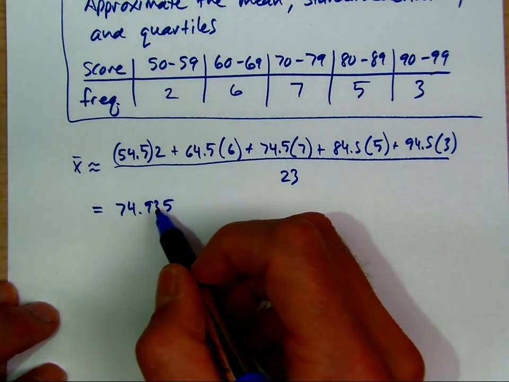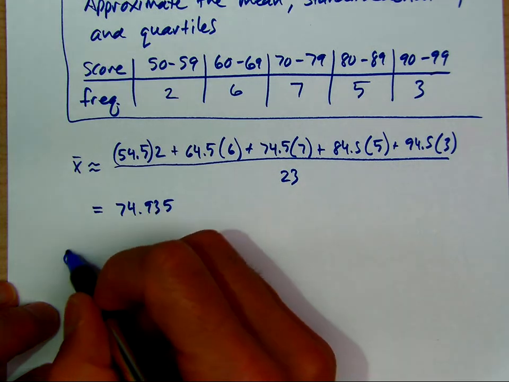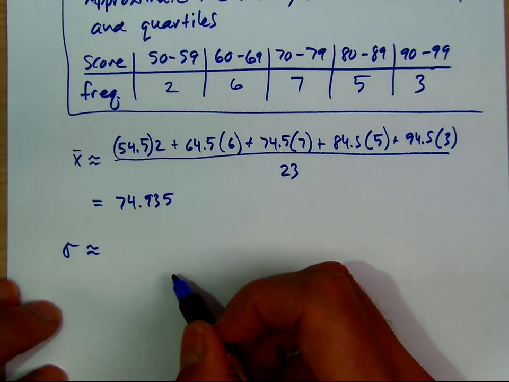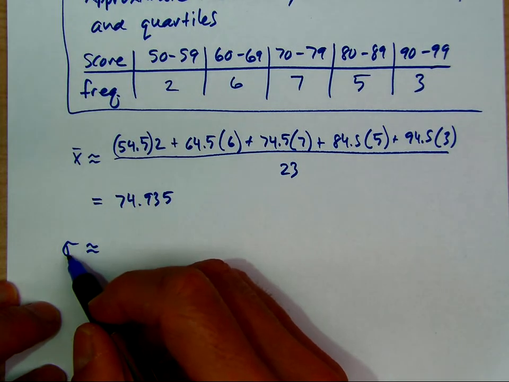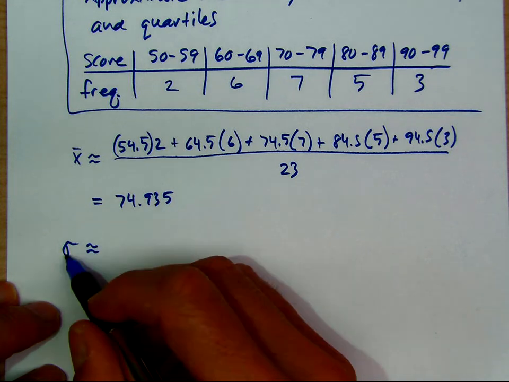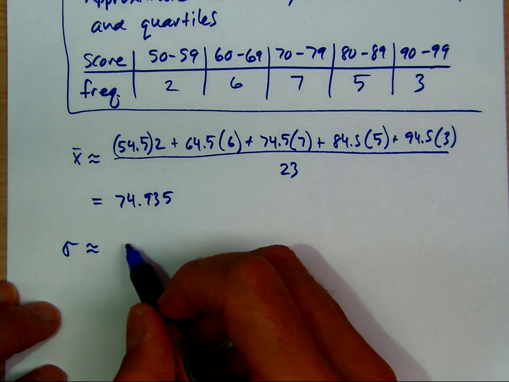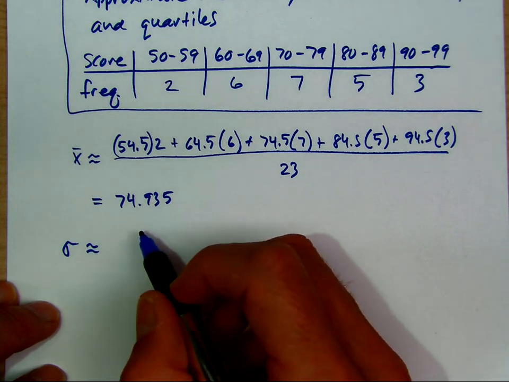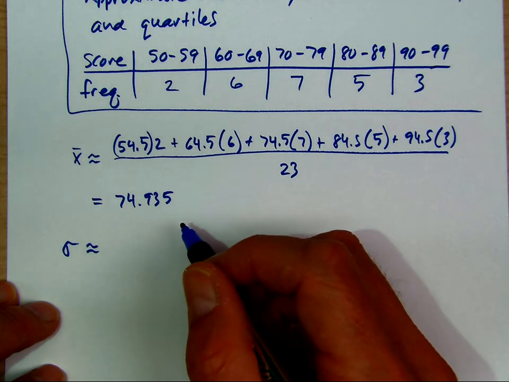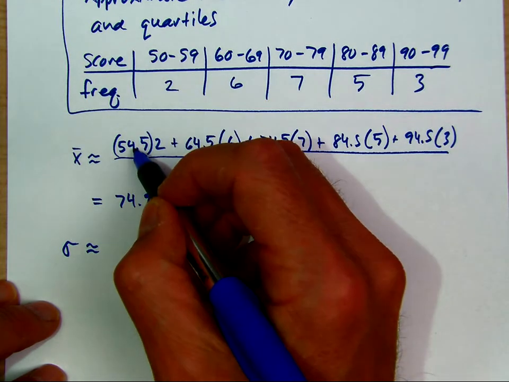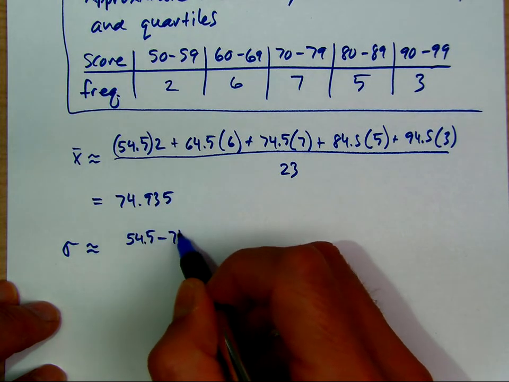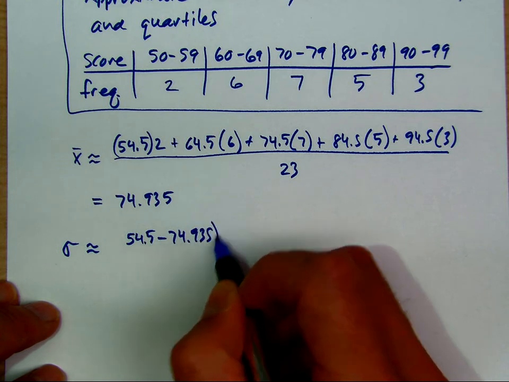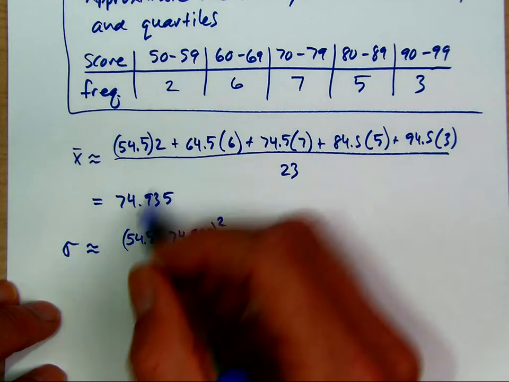Then we can use that to find the standard deviation. And for IB, we would use that symbol, but we wouldn't use it in statistics. We'd have to use something else, the sample standard deviation. Okay, so here we want to take the mid-interval value minus the mean squared, and we have that happening twice.